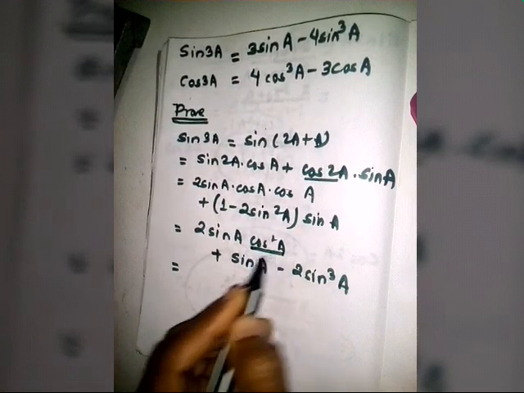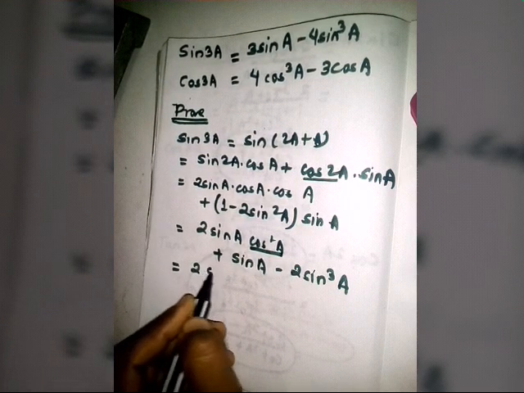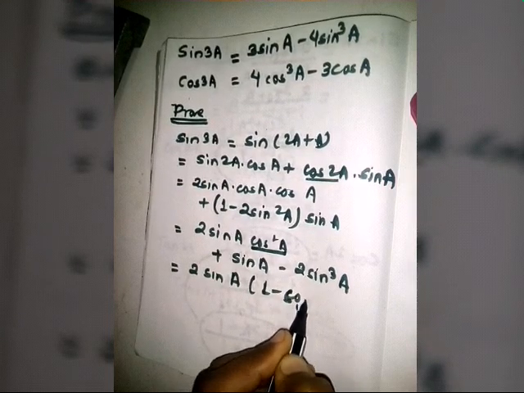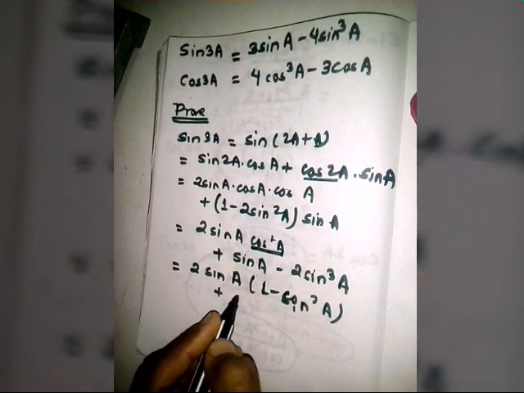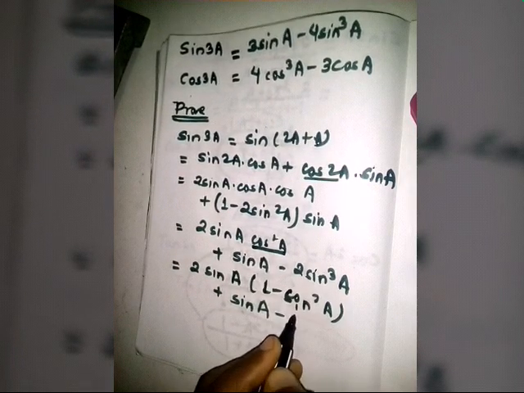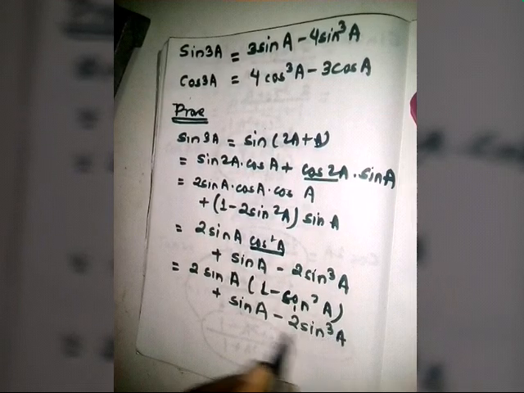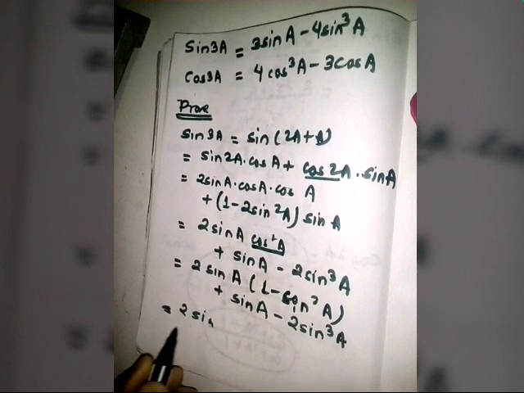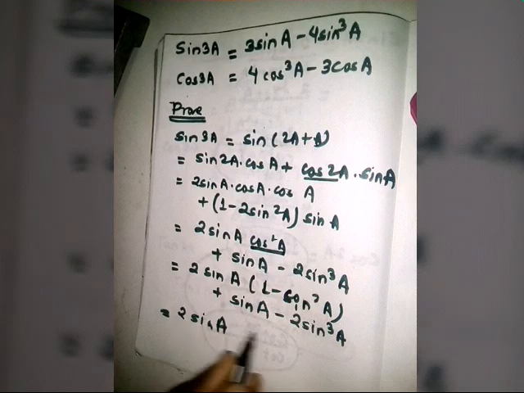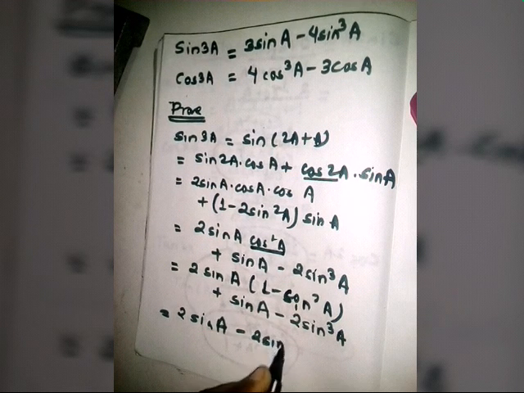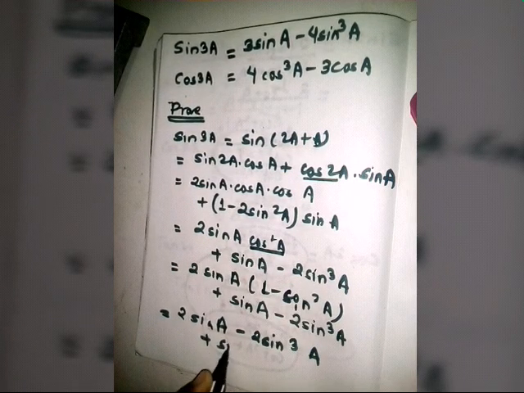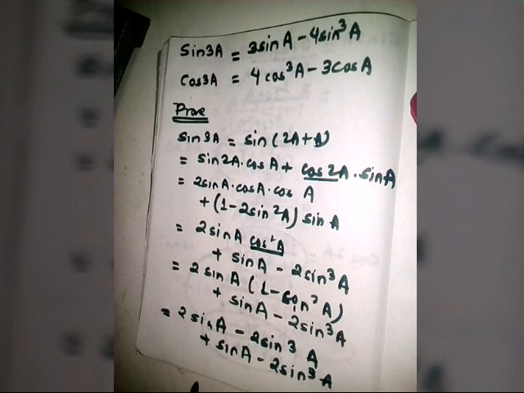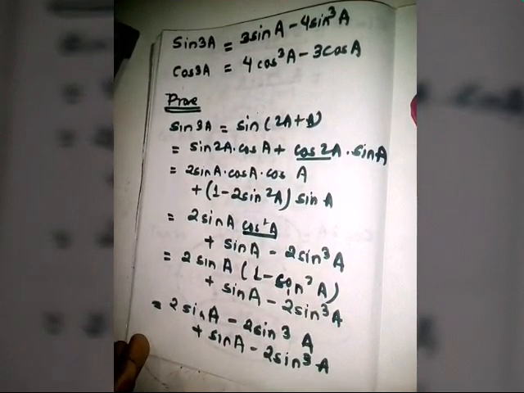Now let me change this cos square in terms of sine, so it will become 2 sine a into 1 minus sine square a, plus sine a minus 2 sine cube a. Furthermore, if you open the bracket, you have 2 sine a minus 2 sine cube a plus sine a minus 2 sine cube a. Now we can already see the formula coming out.